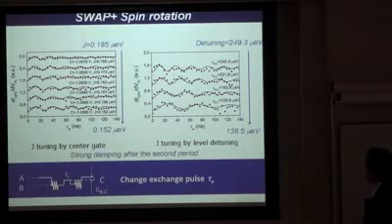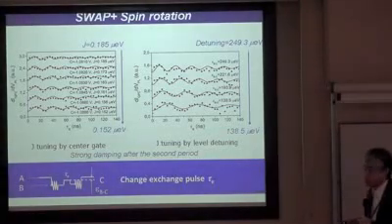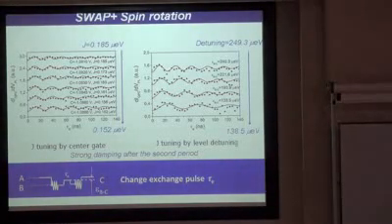And then we change the exchange coupling by changing the tunnel coupling in the left panel, and also by changing the detuning. As we decrease the exchange energy by tuning the detuning, the period of oscillation becomes larger and larger, indicating that the swap time is extended gradually.